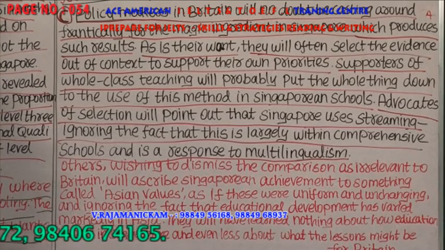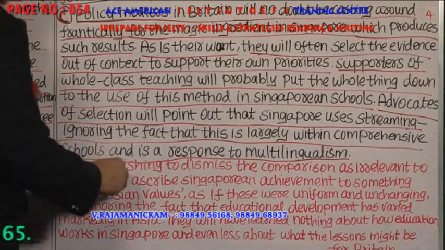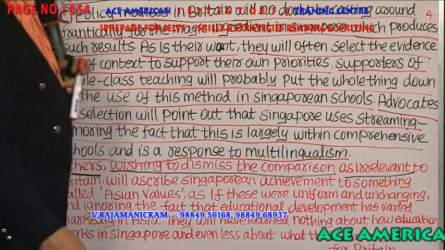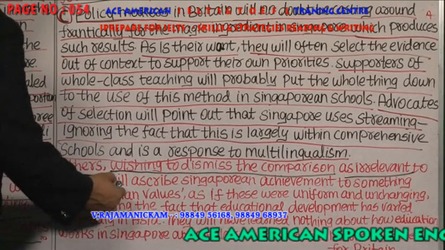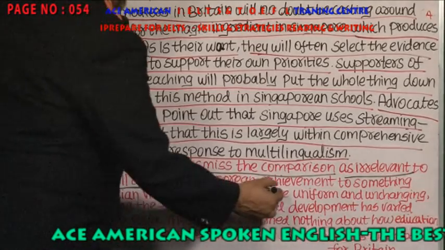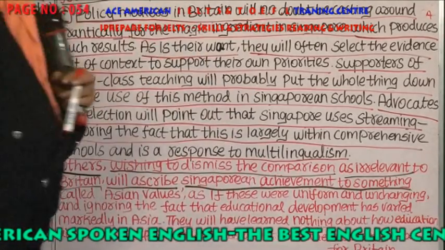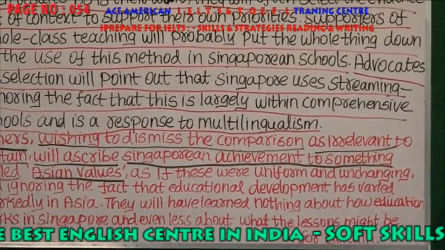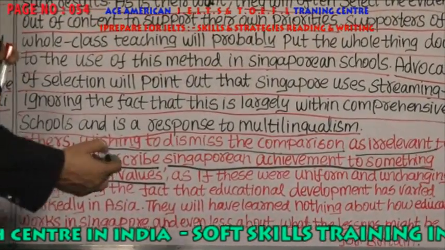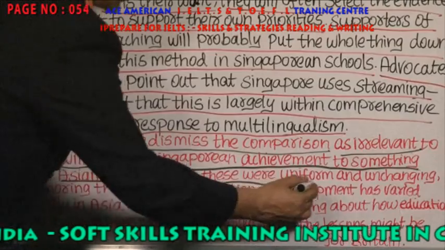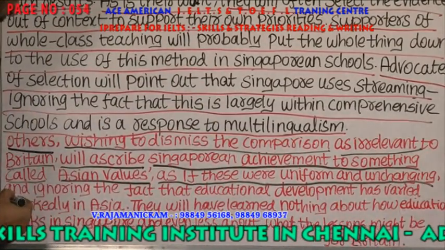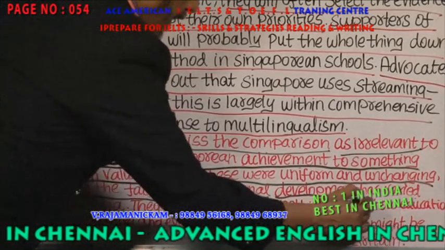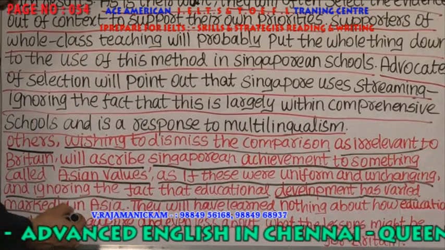Others wishing to dismiss the comparison as irrelevant to Britain will ascribe Singaporean achievement to something called Asian values, as if they were uniform and unchanging, and ignoring the fact that educational development has varied markedly in Asia.